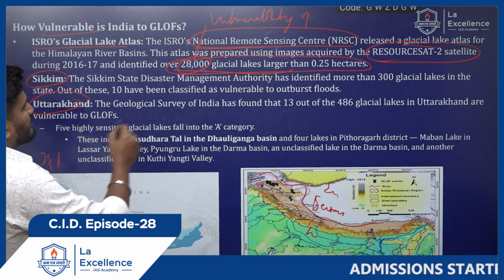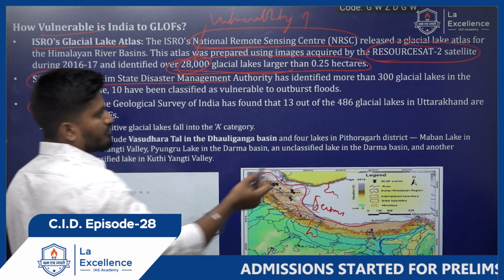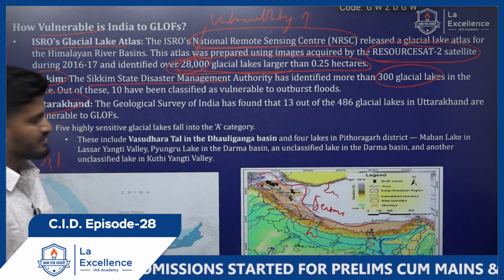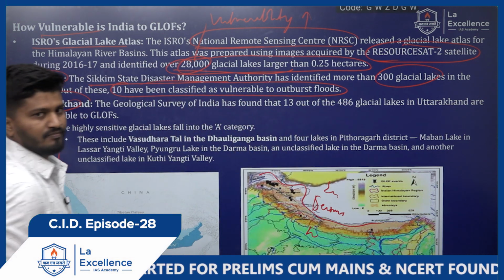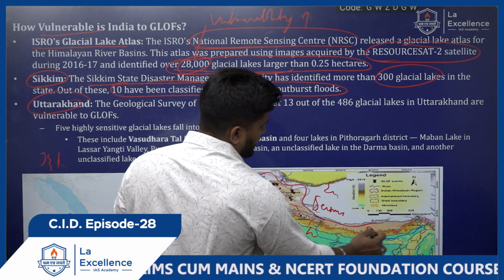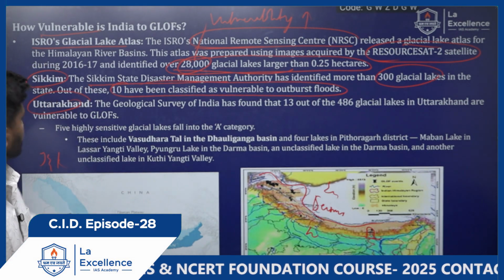In Sikkim, the Sikkim State Disaster Management Authority has identified more than 300 glacial lakes in the state, and out of these, 10 have been classified as vulnerable to outburst floods. The Sikkim region is again in the bed of the Himalayas with seismic activity, so there are more chances of outburst.